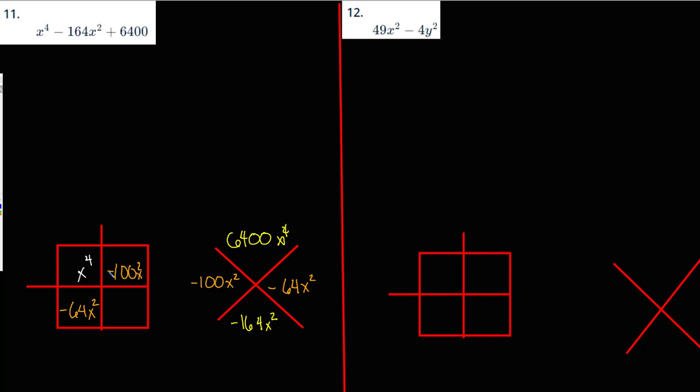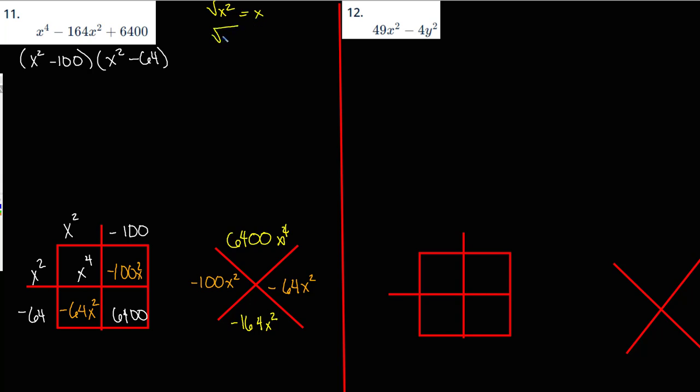And so we have our x to the fourth and our 6,400. So that brings out an x squared, a negative 100 x squared, negative 64. And looking at these terms, I can take the square root of x squared, and it gives me x.